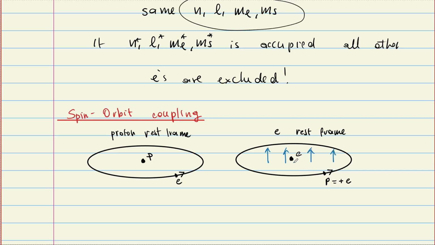And we know the electron has an intrinsic angular momentum, which means there will be a corresponding magnetic moment. The magnetic moment of this electron is going to couple to this created effective magnetic field. Let me call this B effective.